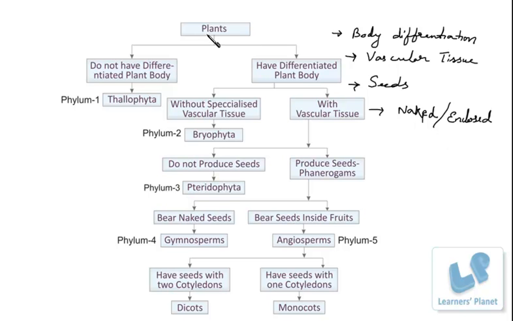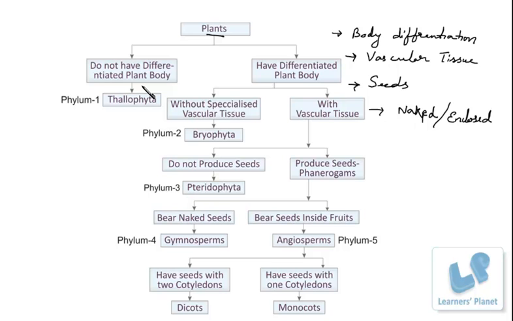Now see this flowchart here. Plants: number one, I said body differentiation is the basic criteria. Means what? Whether the body is divided into different organs, that is the roots, stem, or leaves, right? So whether such organ formation has taken place in the plant body or not.